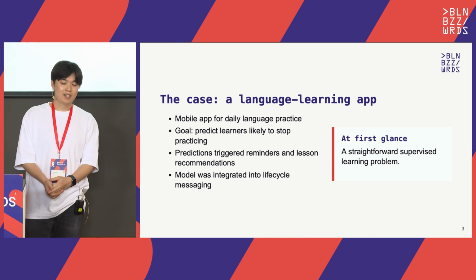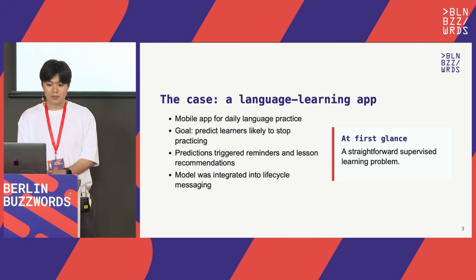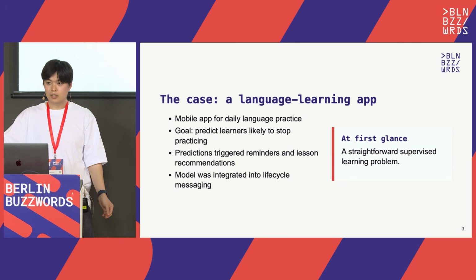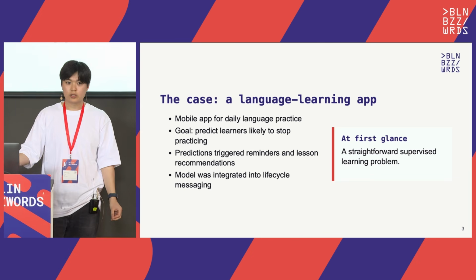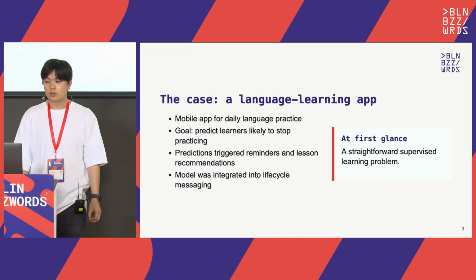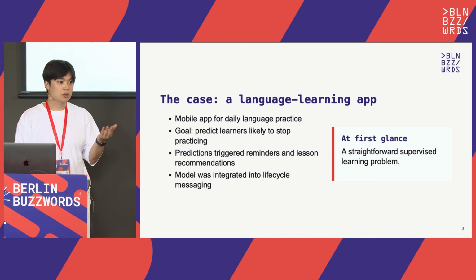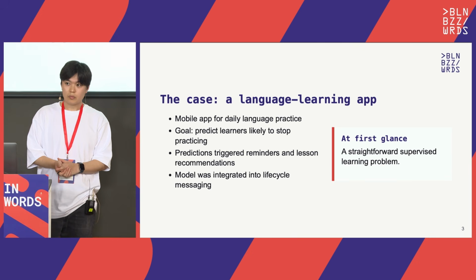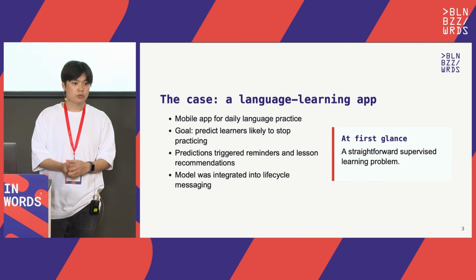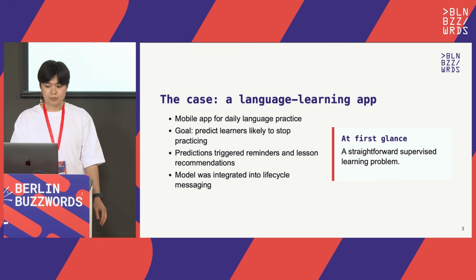The goal of the model was to predict churners, and then, using these predictions, the app would send them notifications, provide special offers, or just notify them to return to the app.